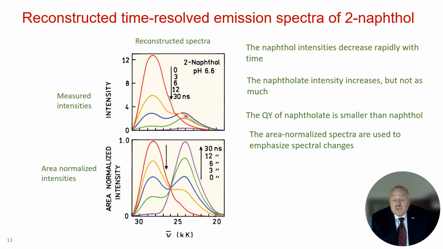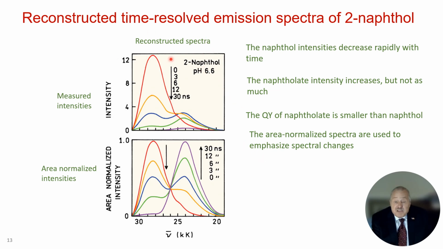It doesn't increase as much because the naphthalate quantum yield is smaller than the naphthol quantum yield. So for that reason, it's common to look at the area normalized emission spectra, which show dramatically the rise in the naphthalate emission corresponding with the decay of the naphthol emission.